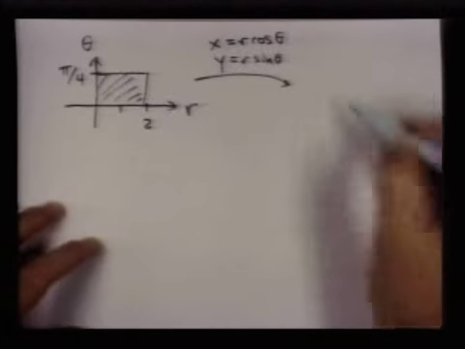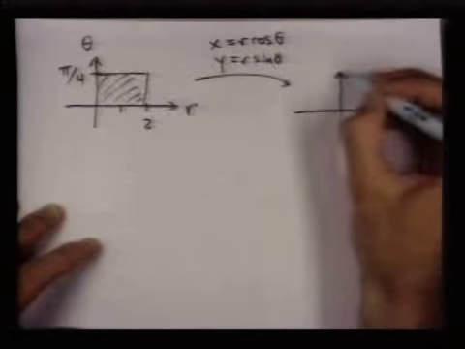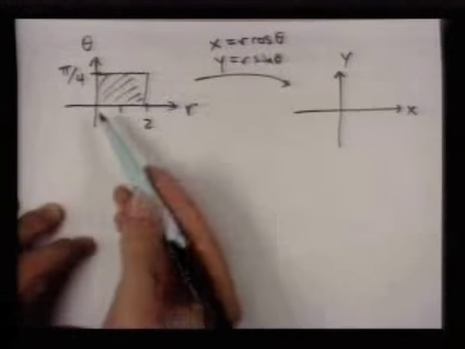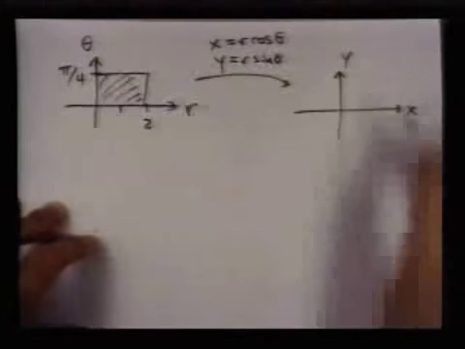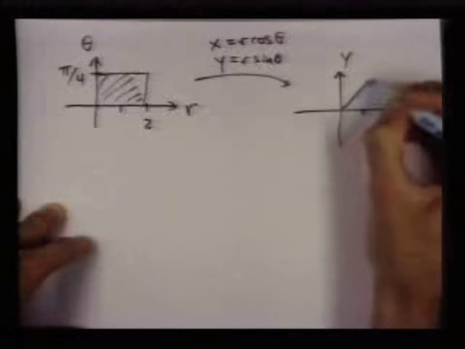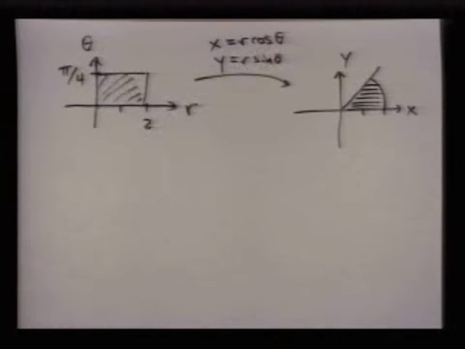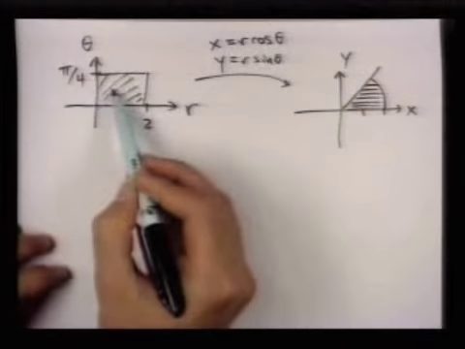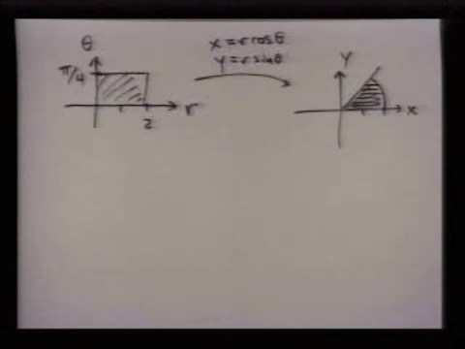We don't have to do all sorts of computing to see what happens to this shape because polar coordinates are pretty intuitive. Namely, the angle theta goes from 0 to pi over 4 and the radius goes from 0 to 2. So the shape that we get is that region. Polar coordinates turn this rectangle into this pizza slice, and that's another example of change of variables that you already sort of know about.